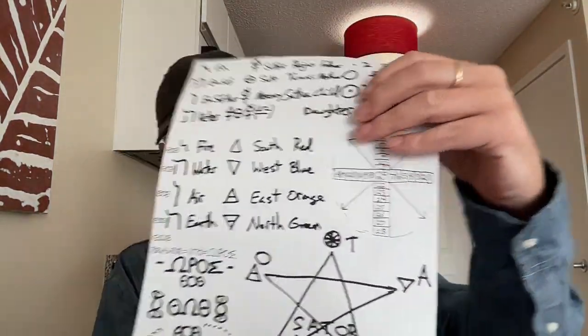All right. So the best is to use fire, water, air, earth, elemental order, and use the banishing pentagrams for them. What I mean by that, I wrote it out right here.